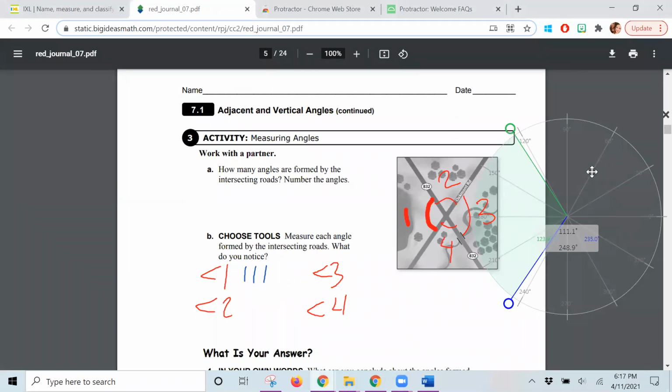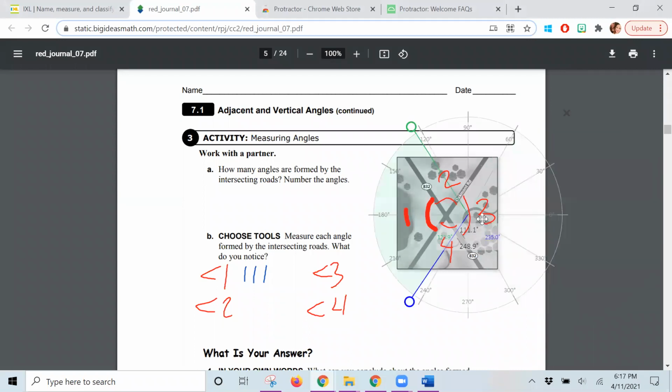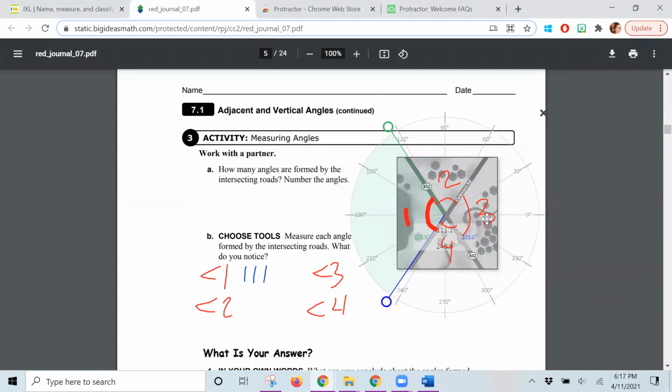Let's check out angle 2. Back in the middle. And so that is about a 70-degree angle. So angle 2 is about 70 degrees. Angle 3 is over here. Let's see.